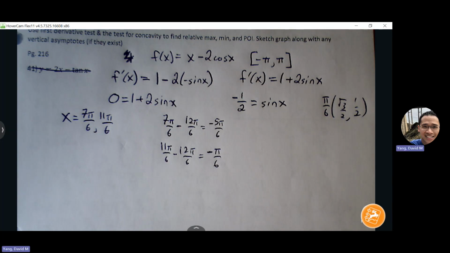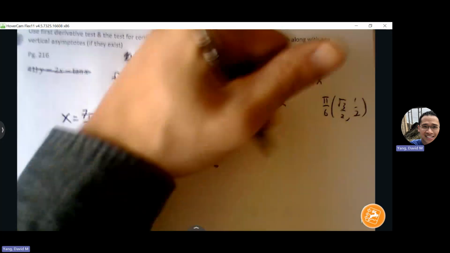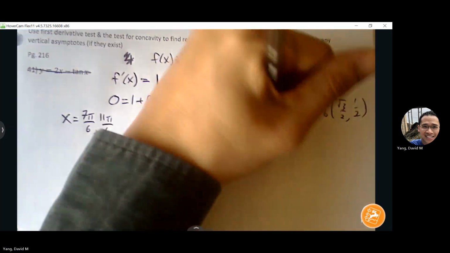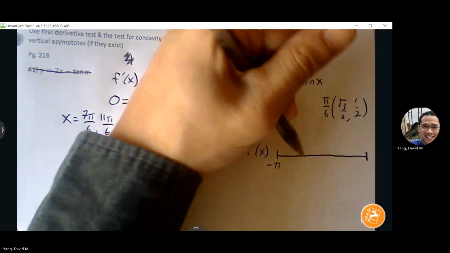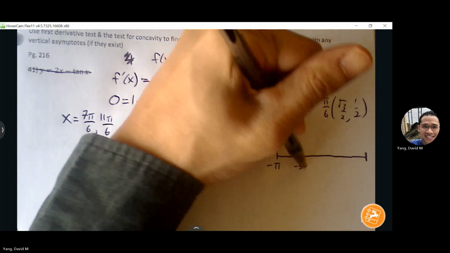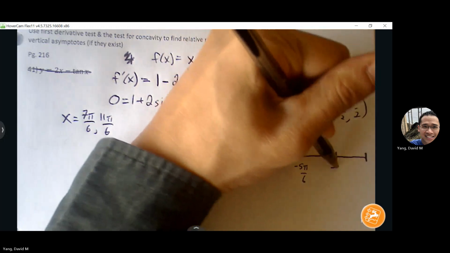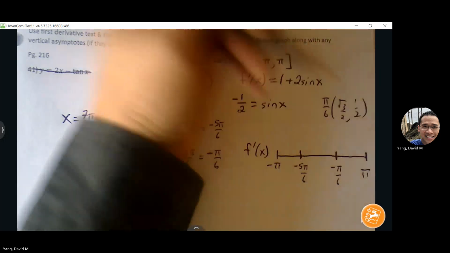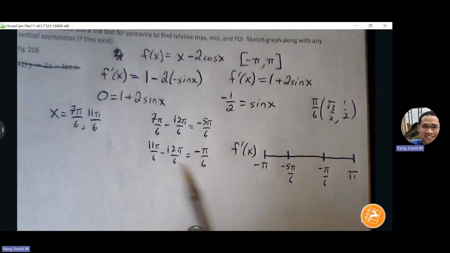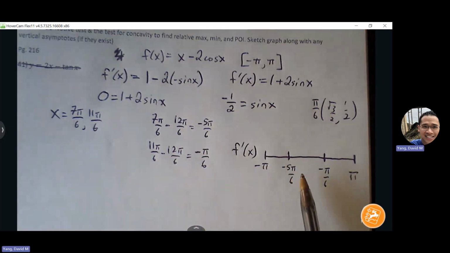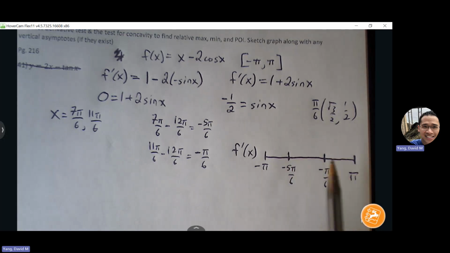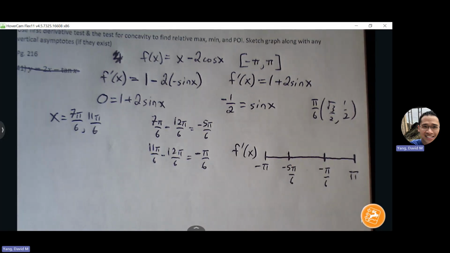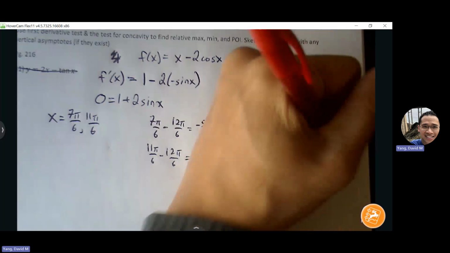Right, we can place both of these onto our sign line. You guys can put this in your calculator, but we also know that I want you to test one of them, and then all the other ones will be alternating in signs. Easiest one that I see is between -pi/6 and pi, which is 0.